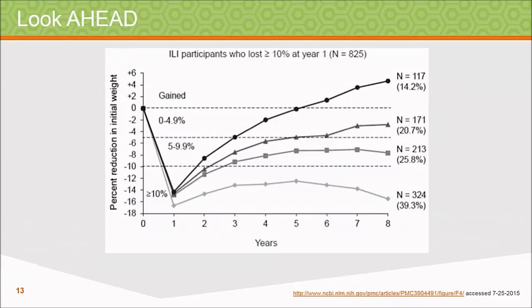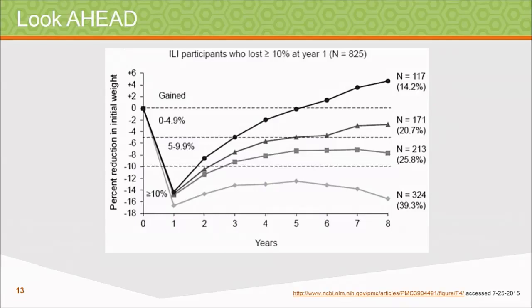So you see here they are at 1 year and they've lost, that's the quartile that lost greater than 10%. And if you follow this curve out, you can see that 40% actually kept most of that weight off. 40%. And actually, if you look at these two groups, 65% were keeping off clinically significant weight, and only a very small percentage, 14%, were actually above where they had started 8 years ago.